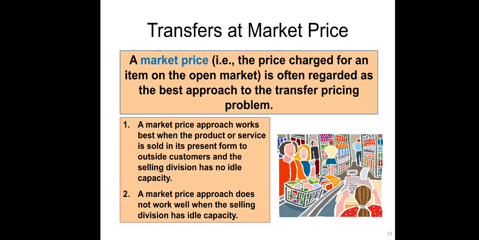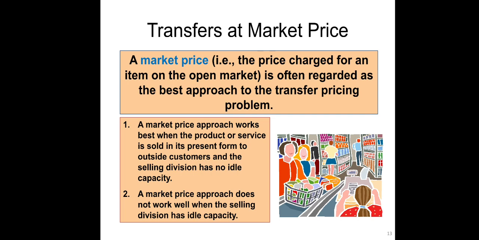A market price, that is the price charged for an item on the open market, is often regarded as the best approach to the transfer pricing problem. A market price approach works best when the product or service is sold in its present form to outside customers and the selling division has no idle capacity.